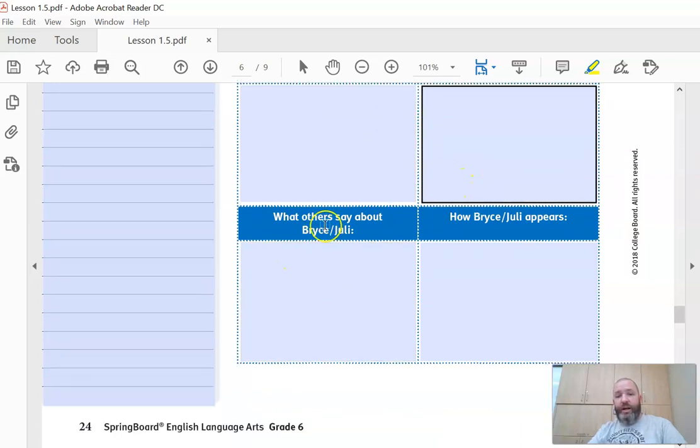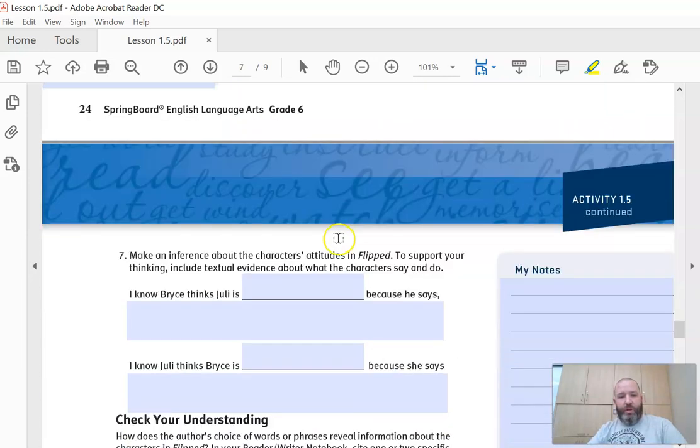A couple of things that other people say about Bryce and Julie. That could be what they say about each other, or other characters in the book. There's a mom and a dad, there's a sister that say things about them. So what do others say about them? And any description of what they look like. Okay, so their appearance. There are some good descriptions, especially of Julie, in the story.